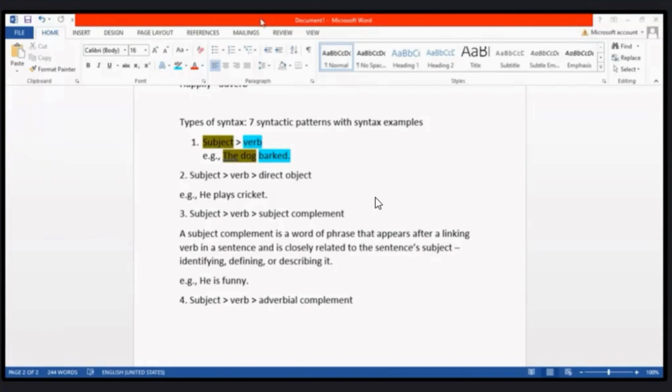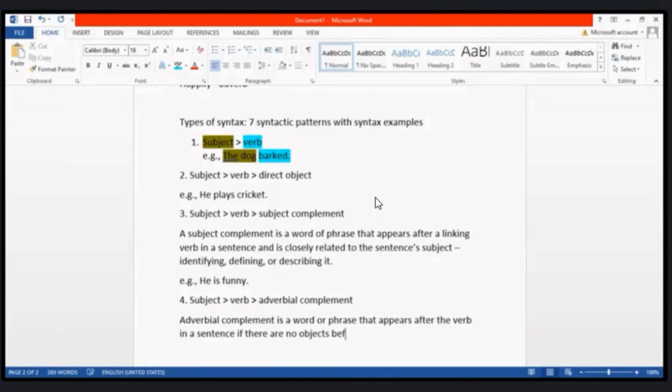An adverbial complement is a word or phrase that appears after the verb in a sentence, if there are no objects before it.